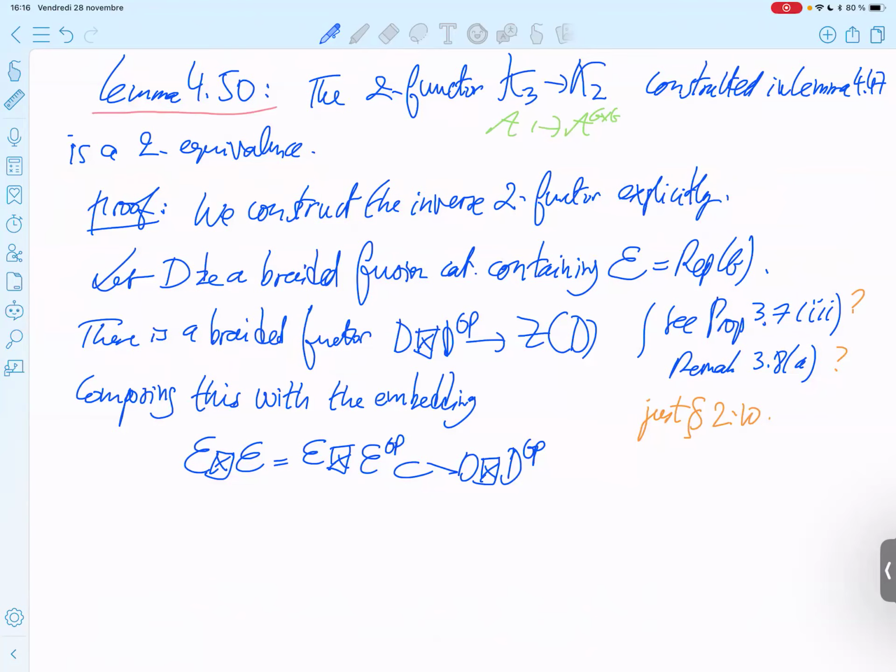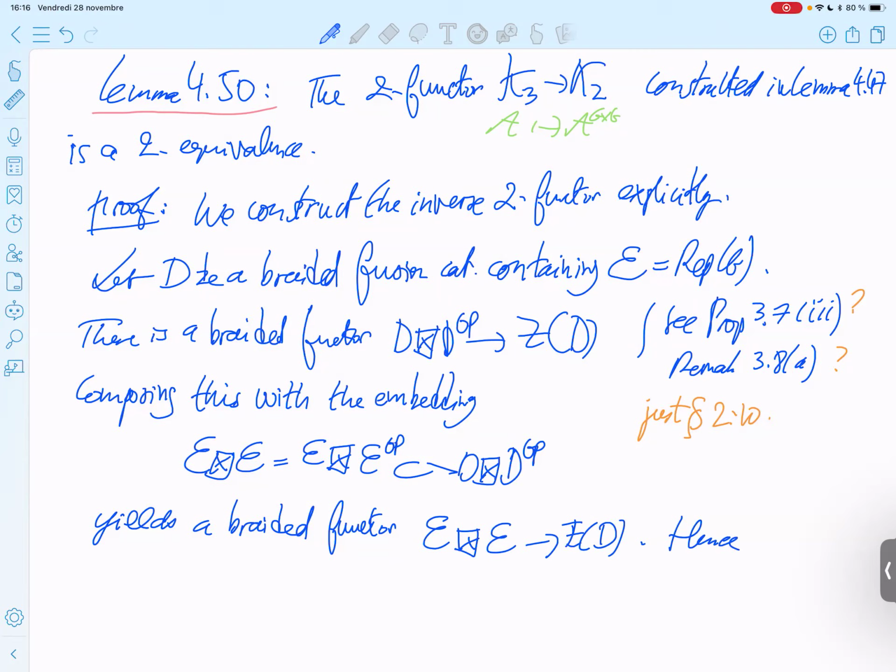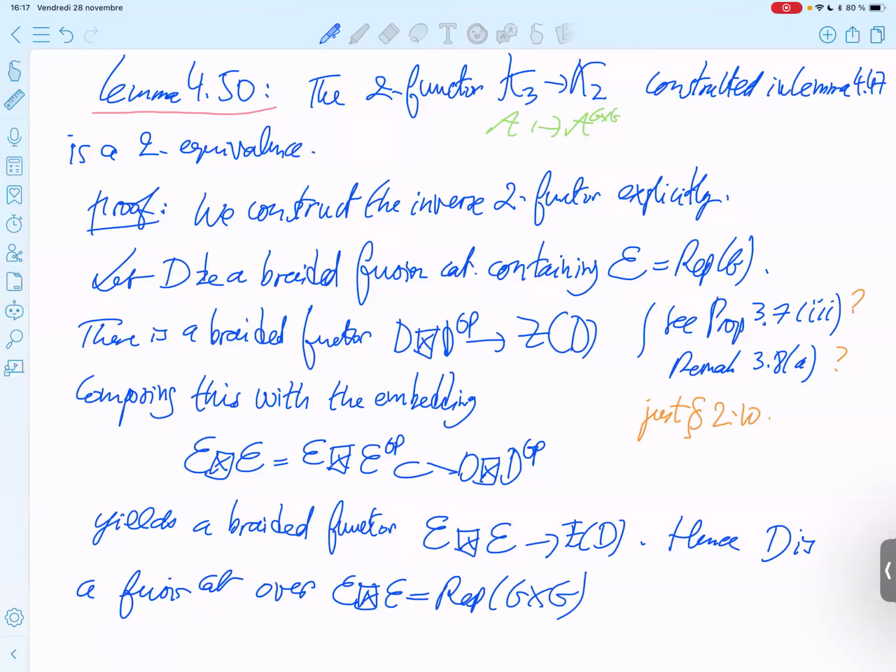Composing this with the embedding yields a braided functor from that to that, hence D is a fusion category over E. And that's very funny. That's interesting.